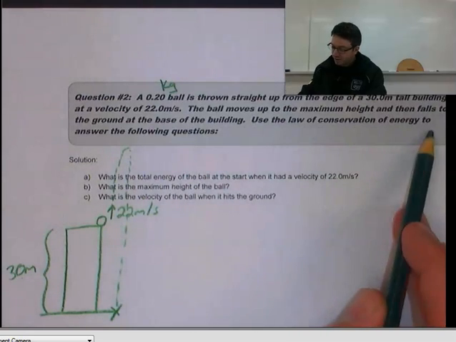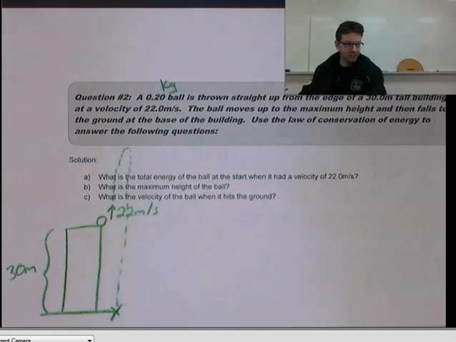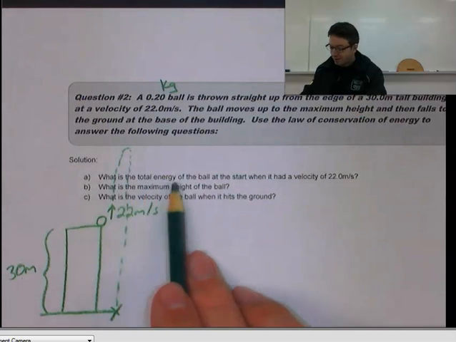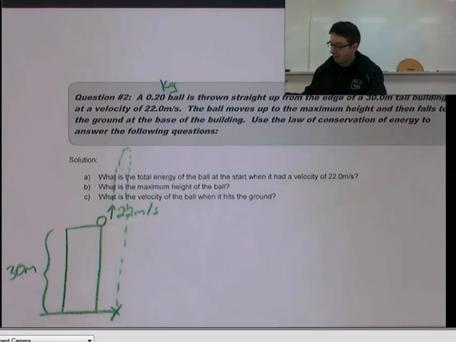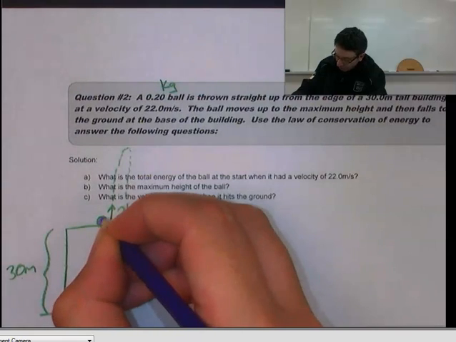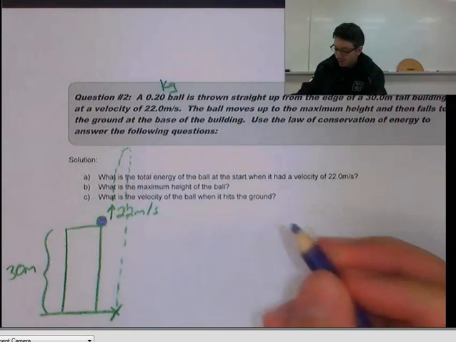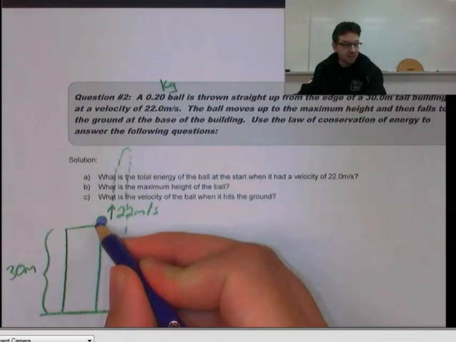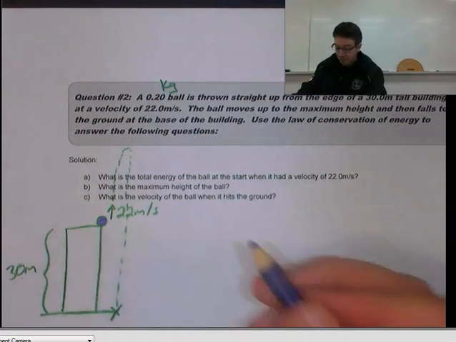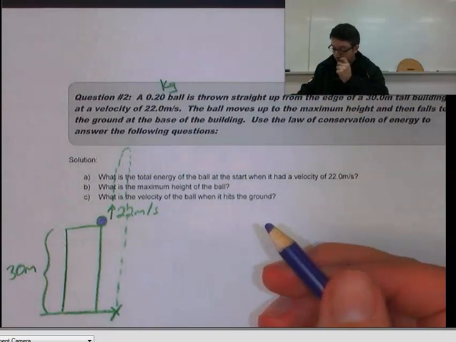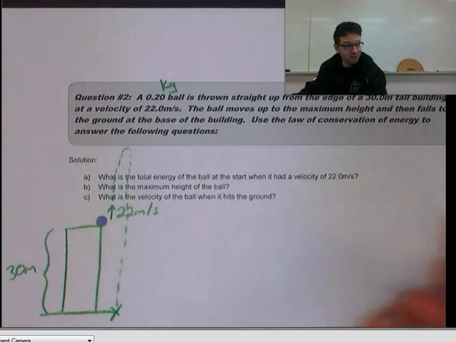Use the law of conservation of energy to answer the following questions. What is the total energy of the ball at the start? Right here, we need to ask what energies are present. We have height, since we're 30 meters above the ground, our reference point, so we have gravitational potential energy.